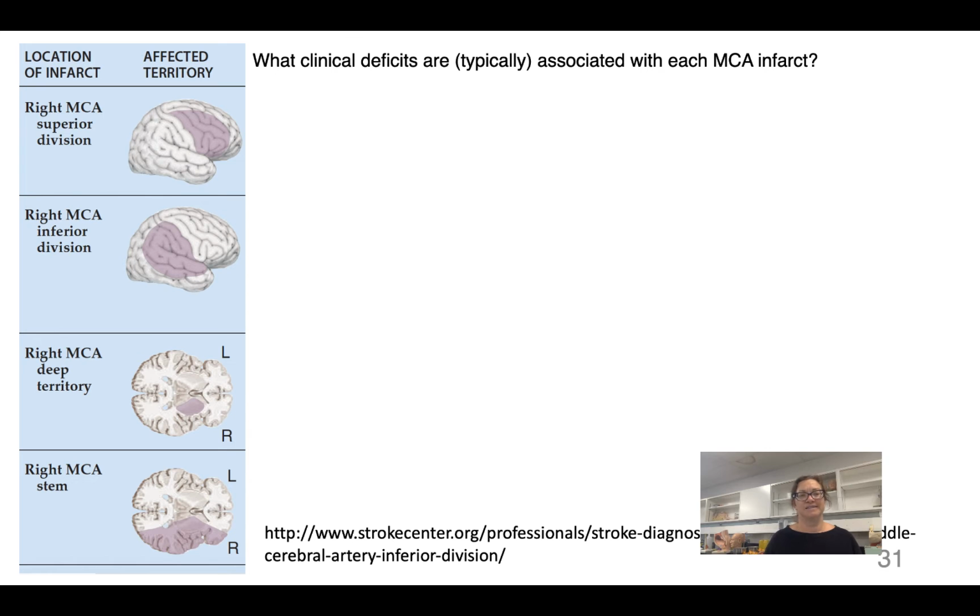It's an inability to draw, to represent drawing objects faithfully, although you know you're supposed to draw them and you can see them, and in some cases even describe them. So there's some interesting perceptive deficits that arise with this type of stroke in the non-dominant, typically right hemisphere. In the left hemisphere, a left inferior MCA stroke, Wernicke's aphasia.